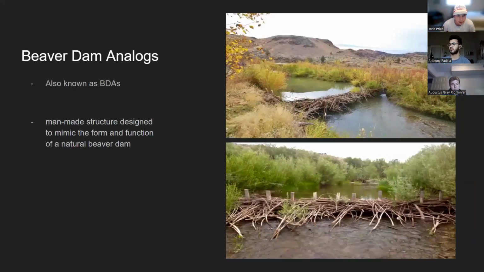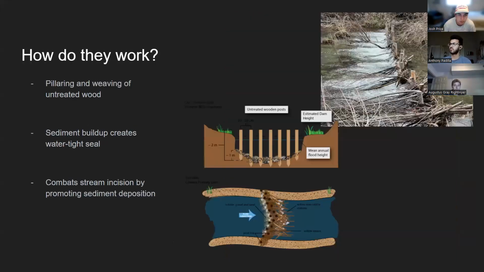So one of the ways we looked at creating these wetlands is a Beaver Dam analog, also known as BDAs. These are man-made structures that span across creek or stream systems, and they mimic the form and function of actual beaver dams. They're created by driving usually willow branches down into the bed of a creek or stream system.